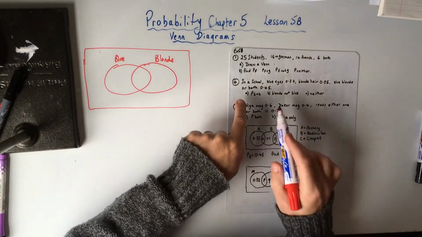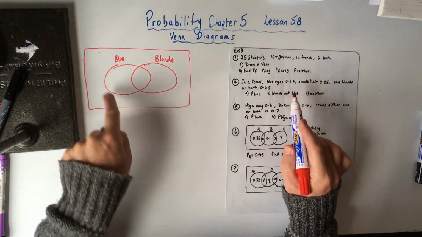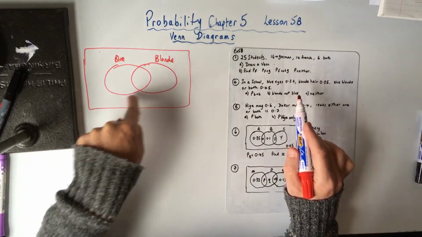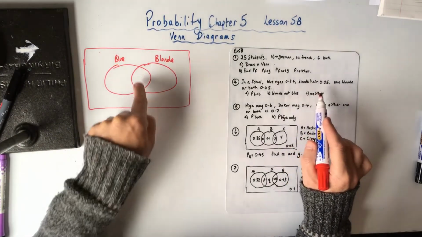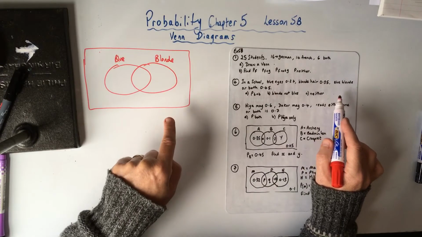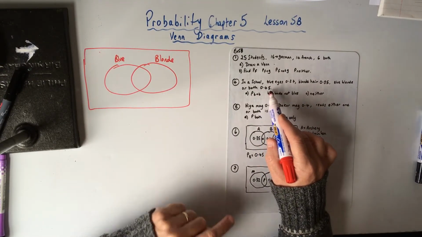And the probability in a school of blue is 0.27. I can't put that in yet because it's the whole thing. And blonde hair is 0.35. So blue, blonde or both is 0.45.